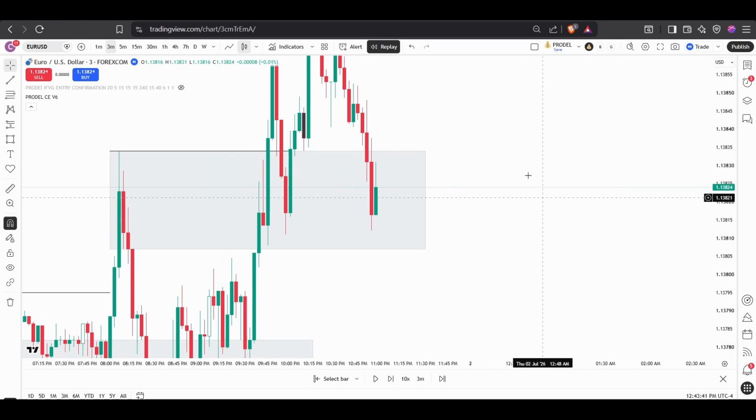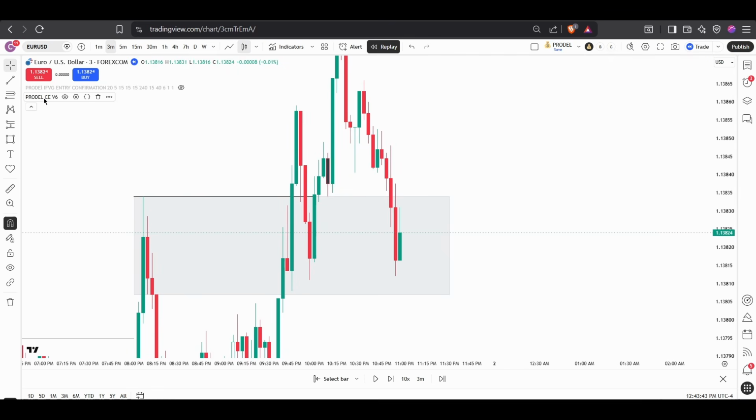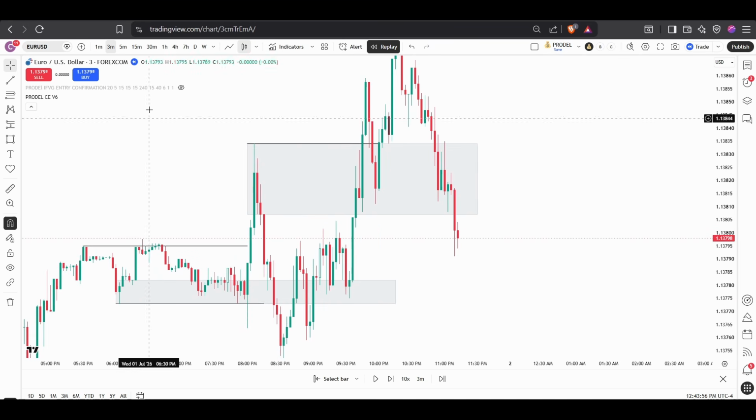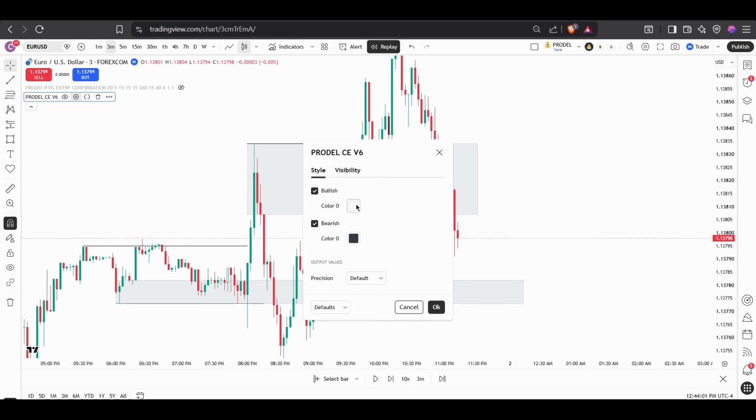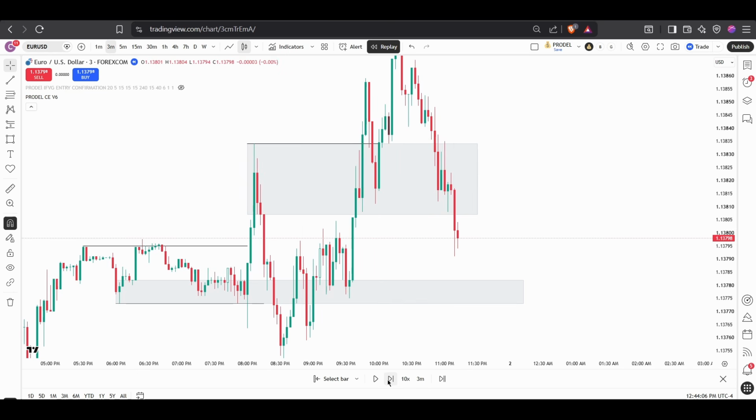On the 3-minute time frame, let's open this indicator and this indicator also. First let's see this indicator. Let's wait for the candle to form white, because we set our setting to white for the bullish candle.